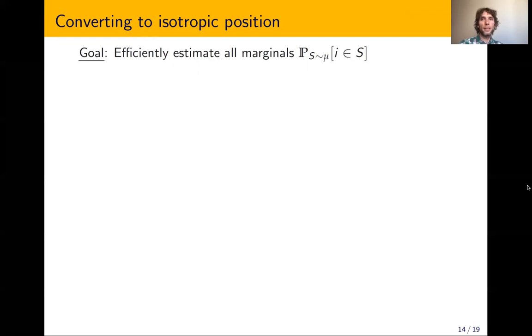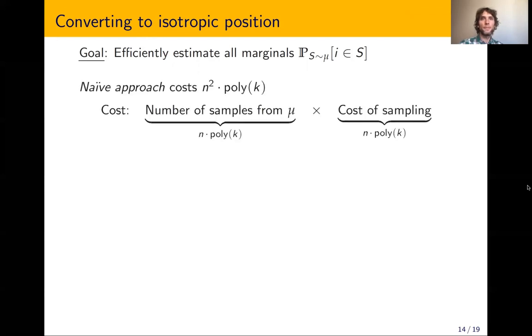Naturally, this can be done in polynomial time via repeated sampling, relying on the down-up random walk, which does not require isotropic position. However, this naive approach results in a quadratic dependence on n, because both the number of samples and the cost of sampling are linear in n.